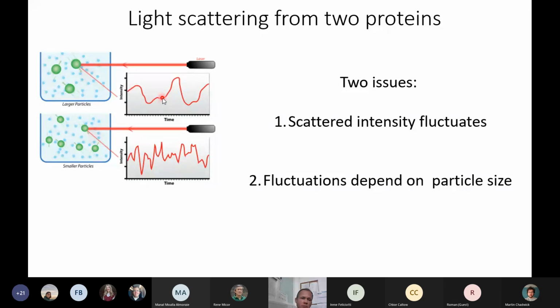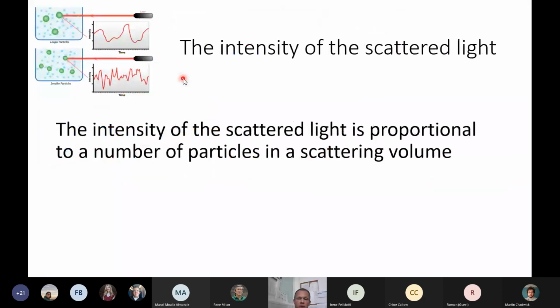There are some areas where the intensity is not jumping up and down, but it behaves in quite a deterministic way. So now I will try to explain why scattered intensity fluctuates and why these fluctuations depend on the particle size.